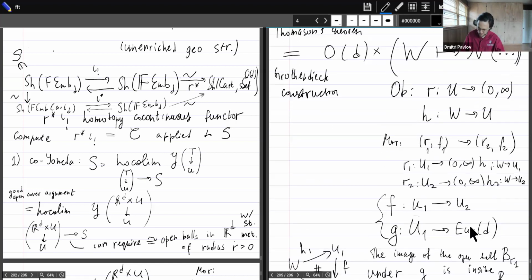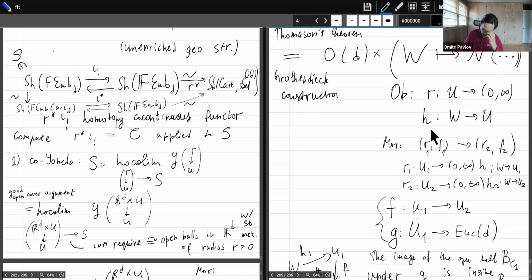If you look at the data that falls out from the Grothendieck construction, you will see that there's an extra parameter space U, but it does seem like somehow you can compose H and R to get this single map from W directly to 0 infinity, and that's exactly what you can do.